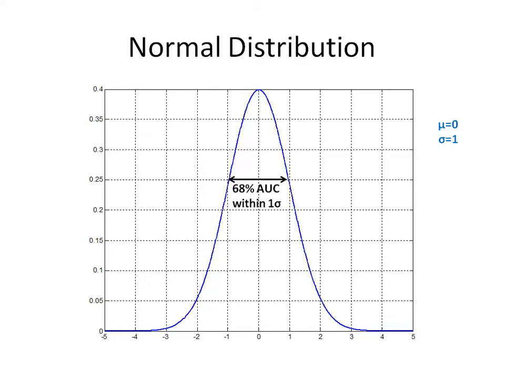And the first is that for any normal distribution, 68% of the area under the curve, or the AUC as it's described here, lies within one standard deviation of the mean. So if the mean here is 0 and the standard deviation is 1, between -1 and 1, so 68% of the area under the curve.